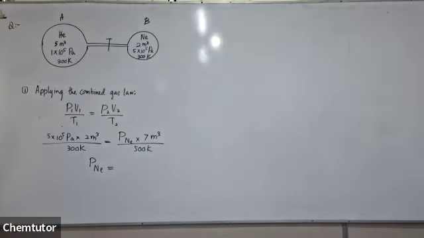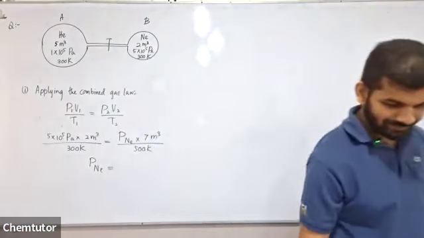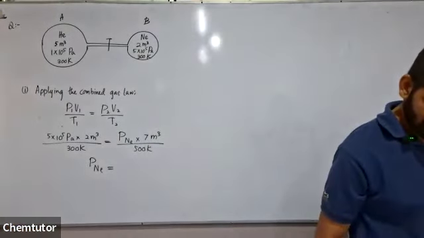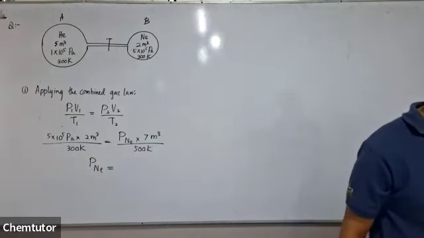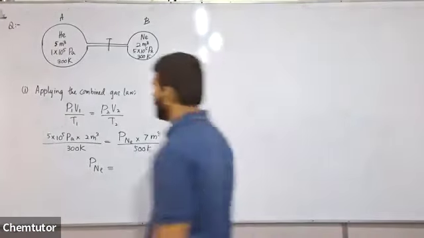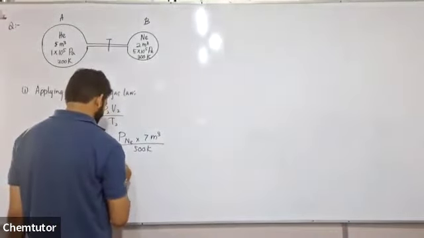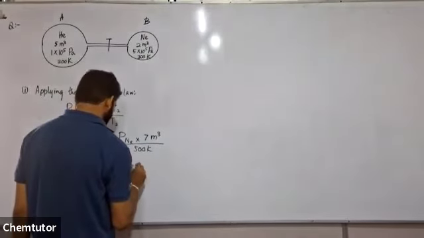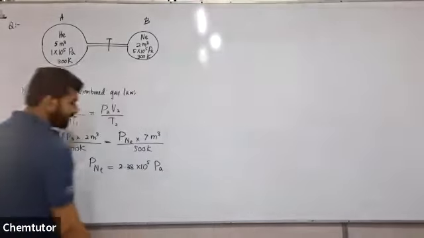Okay, what is it? Fifty divided by 21. Answer will be 2.38 into 10 to the power 5.